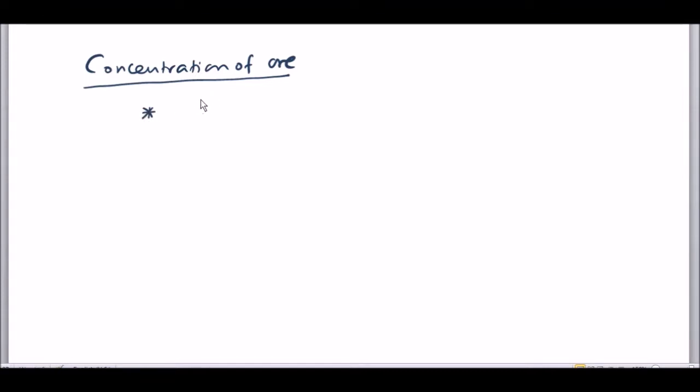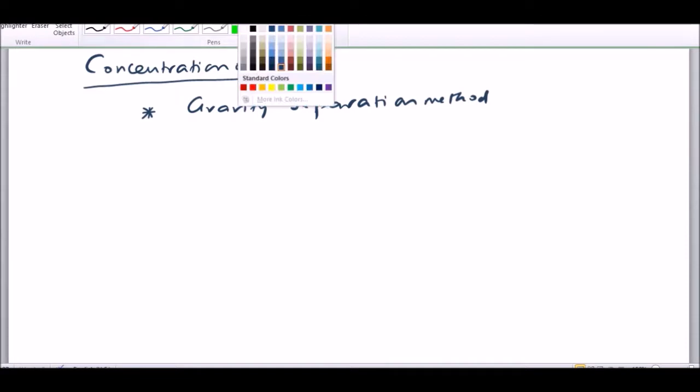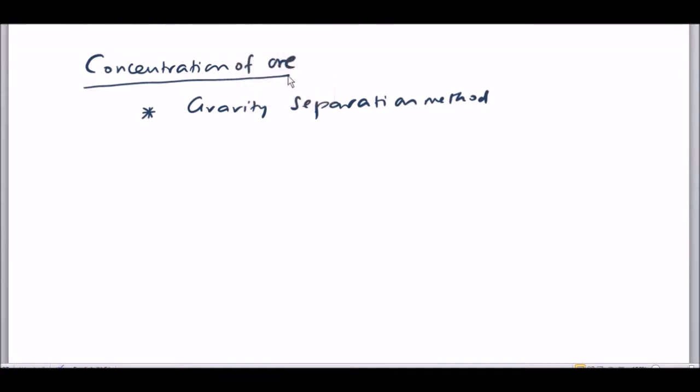One method of concentrating ore is the gravity separation method. This gravity separation method is also called hydraulic wash.